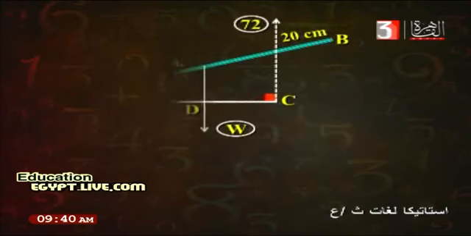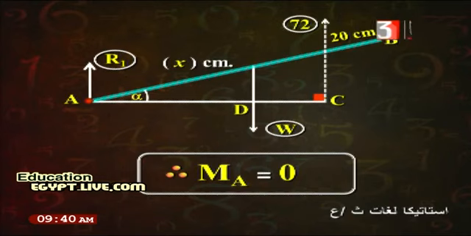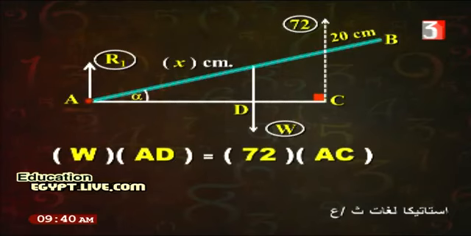Solution. Look at the first case. AB is a rod. We have reaction at A, R1. The weight is W. This AB is inclined with the horizontal with angle alpha. We suppose AD equals X. Therefore, moment about A is W times AD.